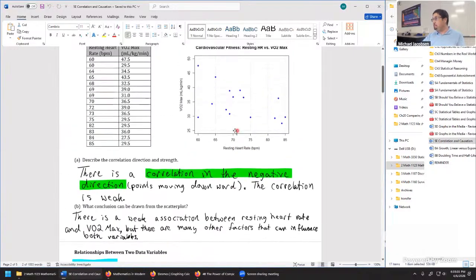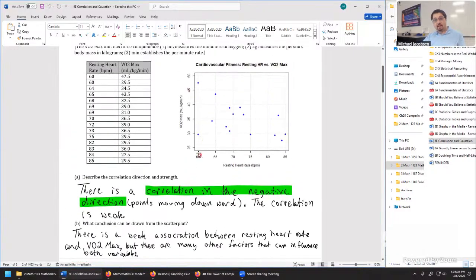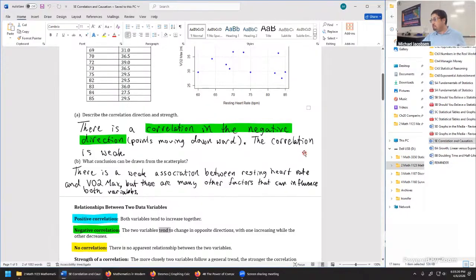So we picked up negative correlation on this picture. As the resting heart rate goes up, the overall physical fitness, VO2 max, tends to go down, not as a firm rule. There's some exceptional cases, some outliers in the data, but overall, we see that there is a downward pattern. So that's our recap between these three big definitions so far.